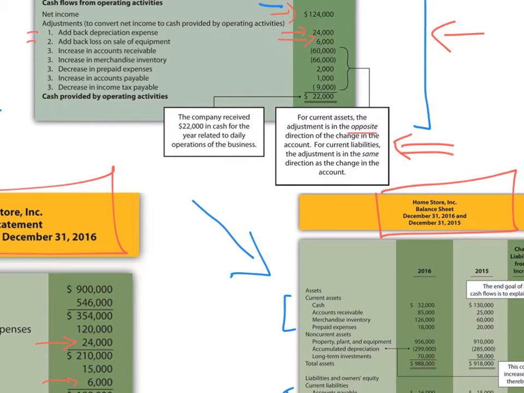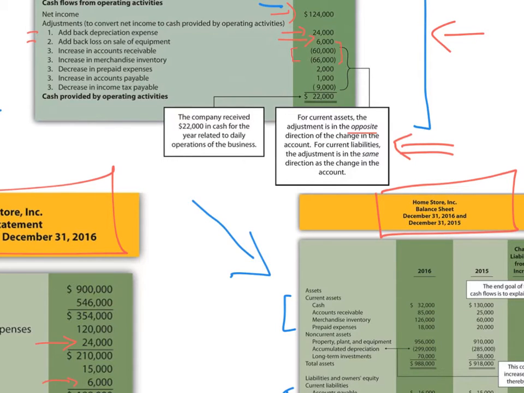So if, for example, accounts receivable goes up, we're going to show that as a deduction in this section up above, as one of our adjustments. So if, for example, let's take another one, inventory goes up, we're going to see it as a deduction up here, and that's exactly what's happening, right? We saw that accounts receivable indeed did go up, and so did merchandise inventory, and therefore the adjustments were downward in the operating activity section of the statement of cash flows.